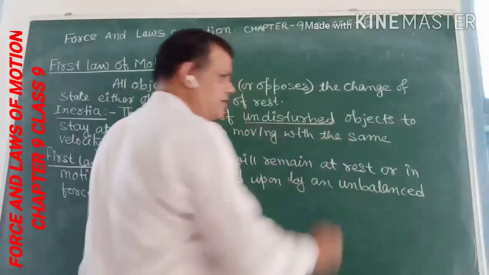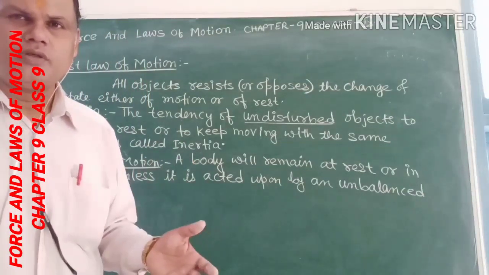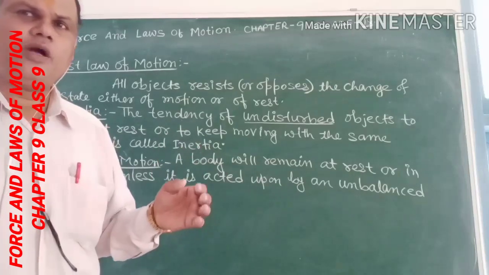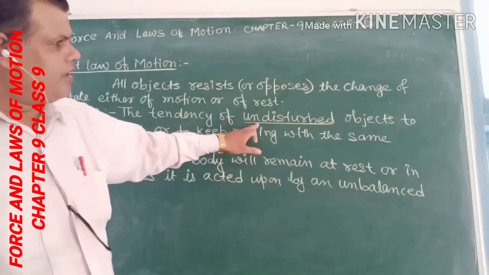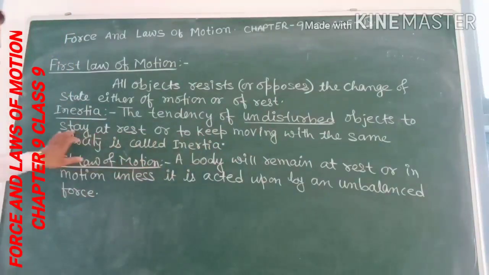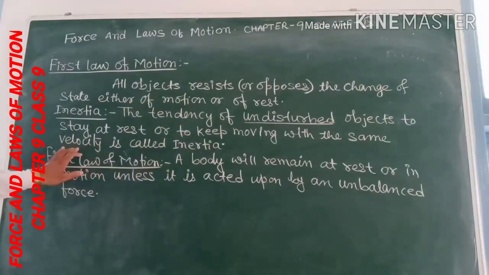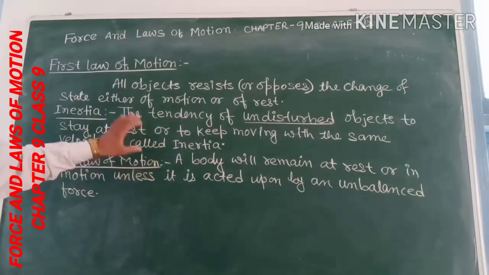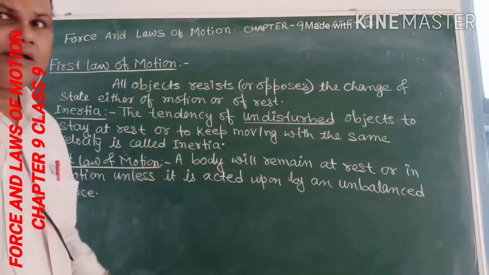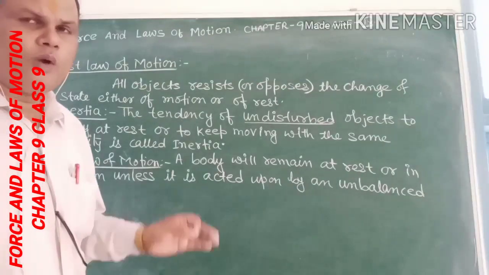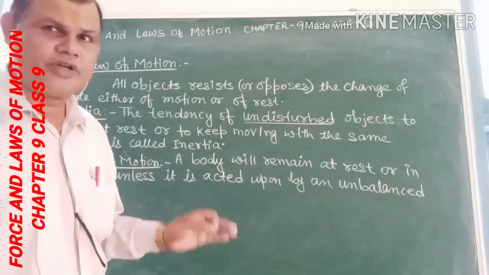The tendency of undisturbed objects to stay at rest or to keep moving with the same velocity. Undisturbed means the tendency to resist or oppose a change in the position of the object, whether at rest or in motion. The object does not want to change its state of motion or rest.